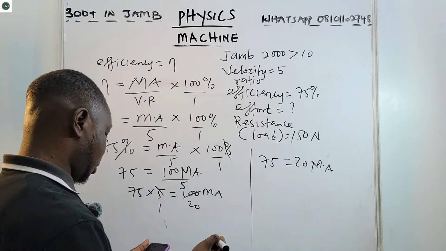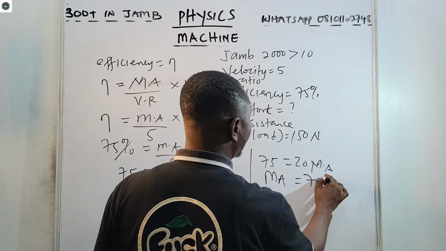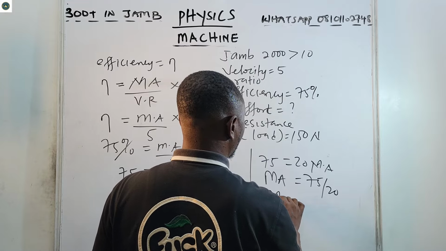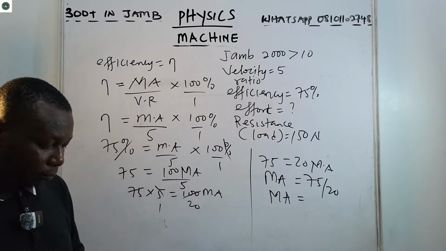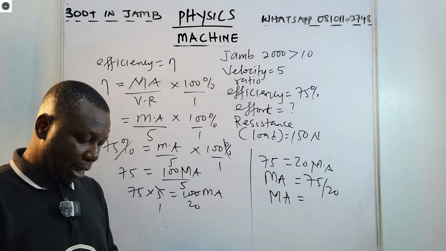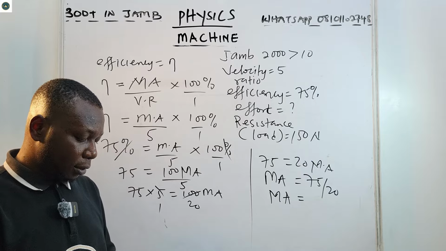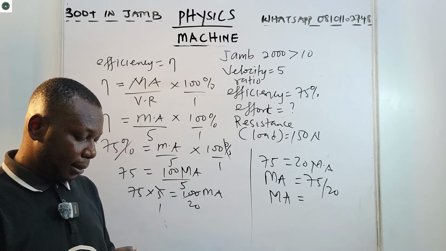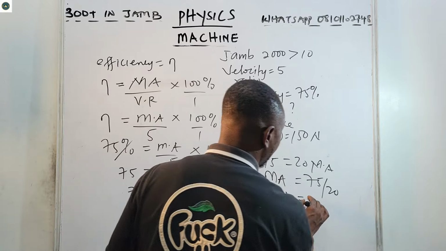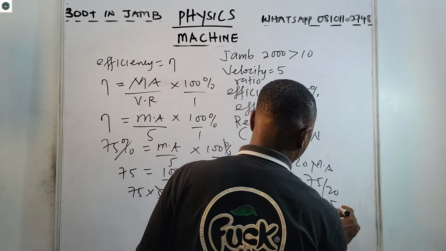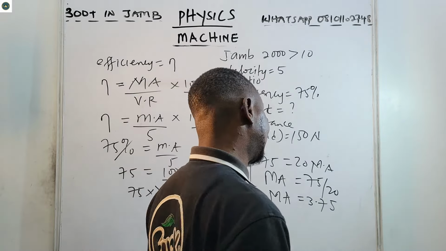So at the end, MA is 75 over 20. Using our calculator, that's about 3.75. So here, mechanical advantage is greater than 1.